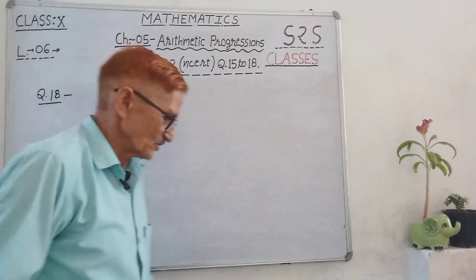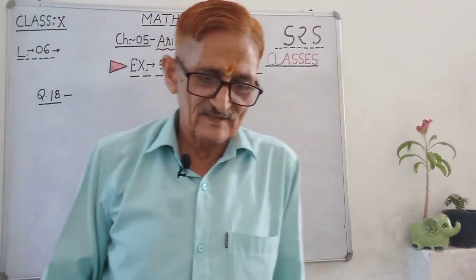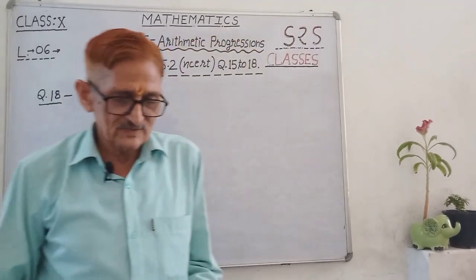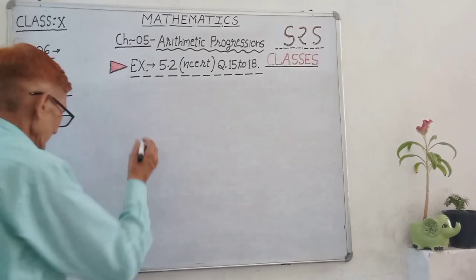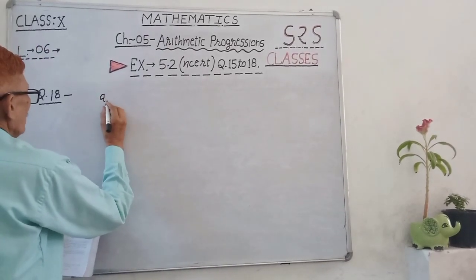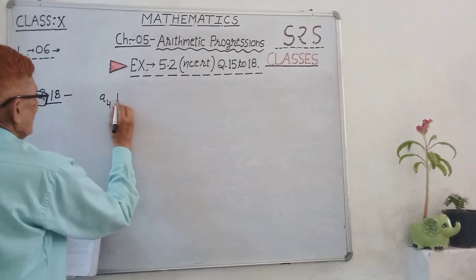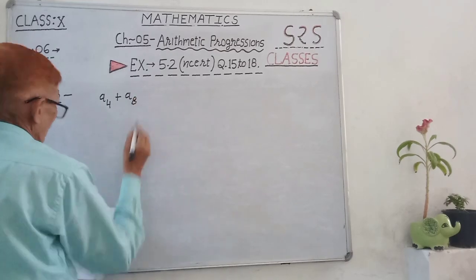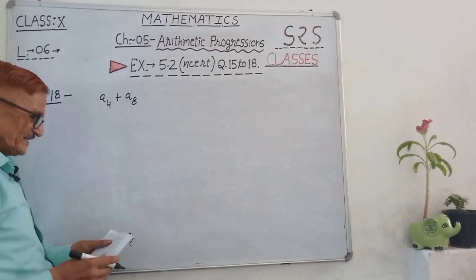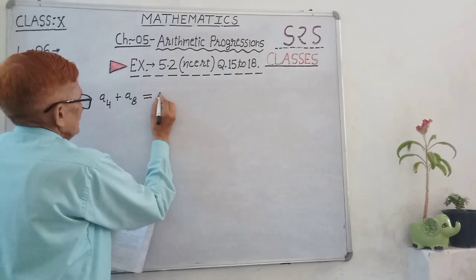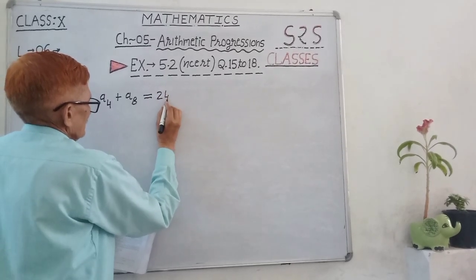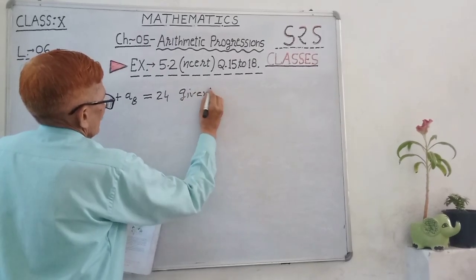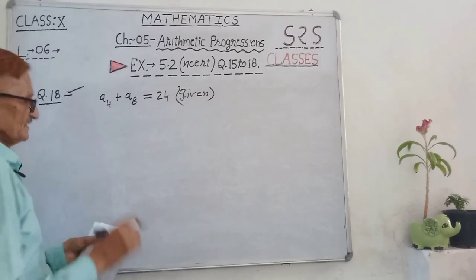See in the NCERT book question 18: the sum of the 4th and 8th terms of an AP is 24. This is given according to question 18.